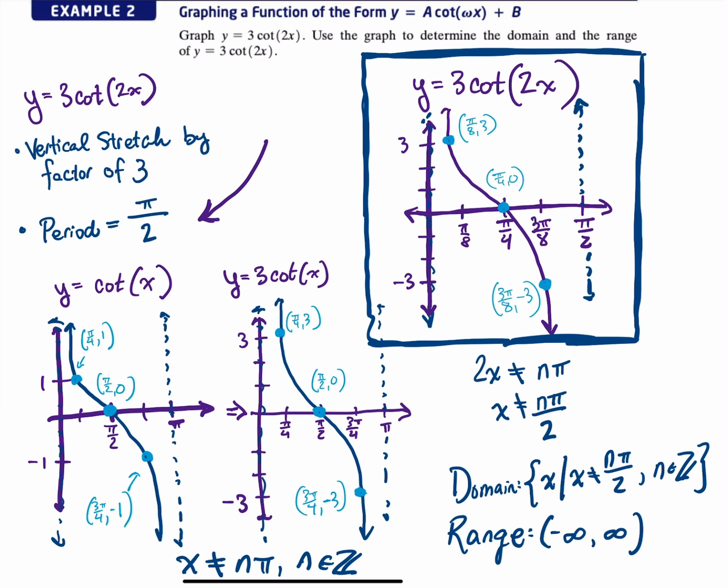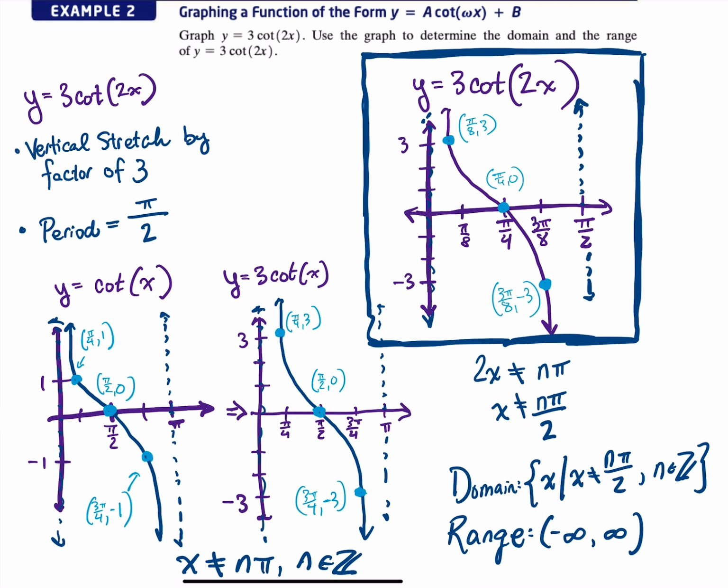That will tell you where your asymptotes should be. A vertical stretch will tell you where some of these key points will be, like, oh, this is stretched to +3 and -3. So you can use those to do a little bit of process of elimination if you're looking at a selection of graphs in a multiple choice question.